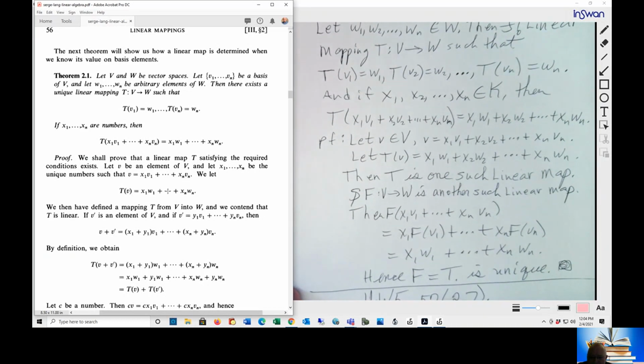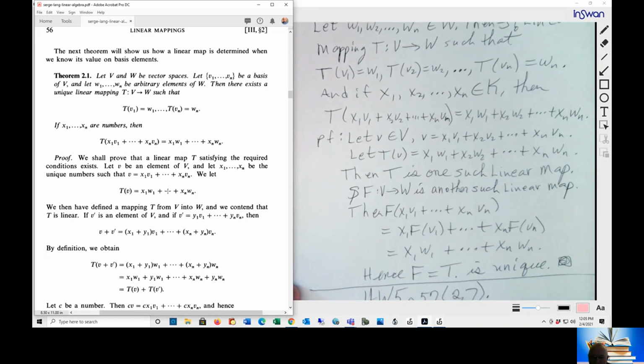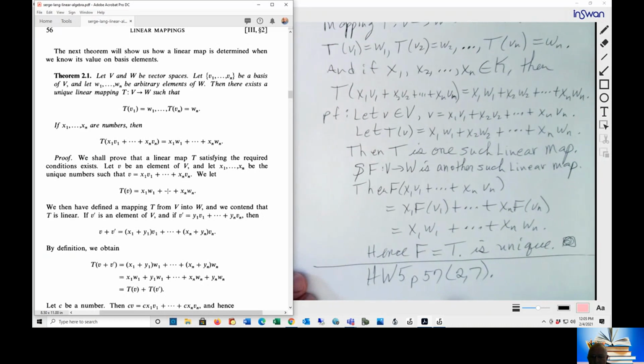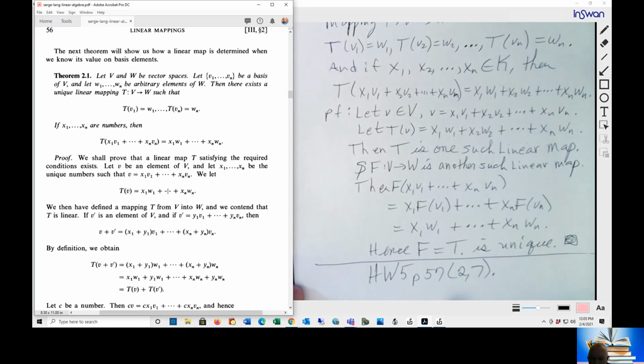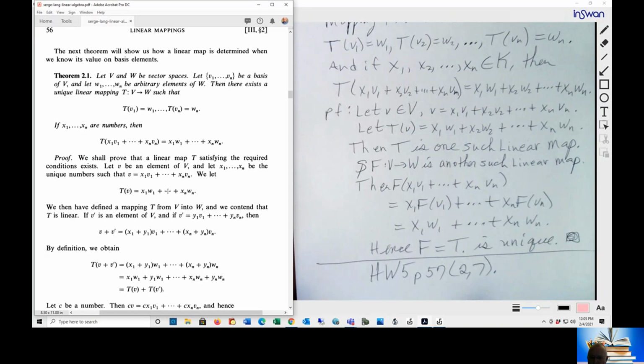Let v be an arbitrary vector in V, so we know that it can be written as a unique linear combination of the basis vectors v1 to vn with a unique set of scalars x1 through xn.